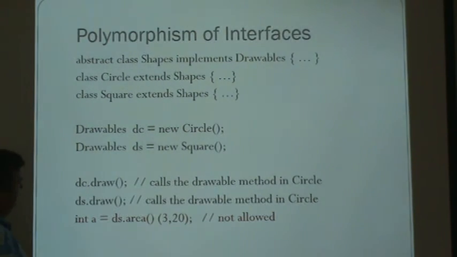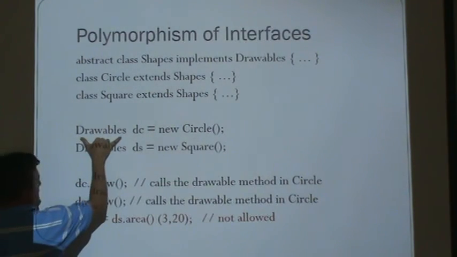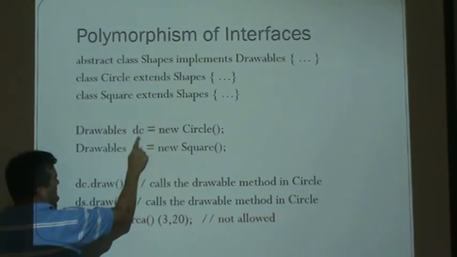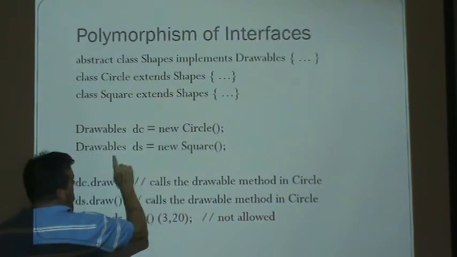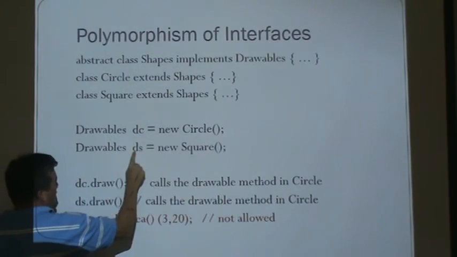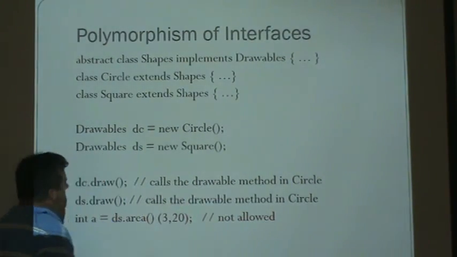So if there's only one method in it called draw, you have to implement it. So I can create a drawable object. Its reference is DC, a name I make up, and it's a new circle, a drawable circle, and a drawable square. I create a new square.